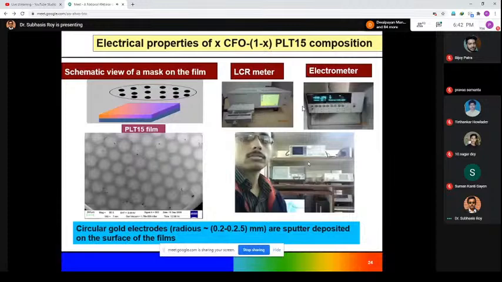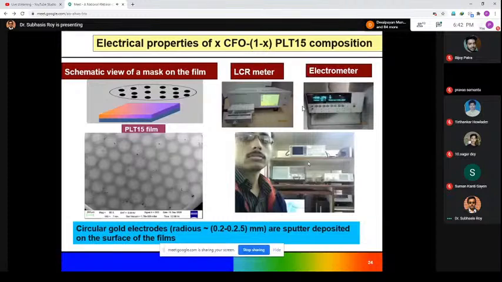In the case of the dielectric constant, we observe that with an increase of cobalt iron oxide in the PLT15 matrix, after a certain level, the dielectric constant increases and then suddenly decreases. So we optimized the percentage of cobalt iron oxide in the PLT matrix, which is around 5 to 6% volume, and after that, increasing it gives the leakage property.